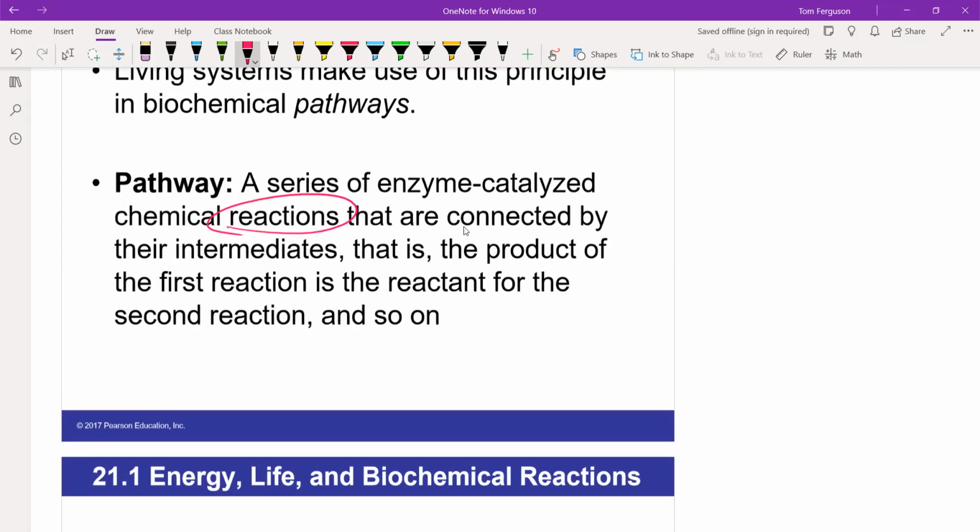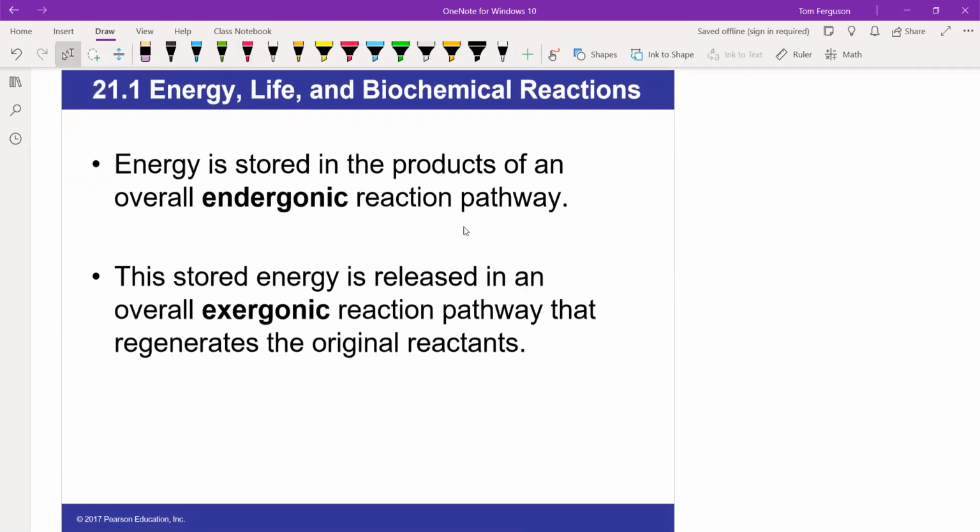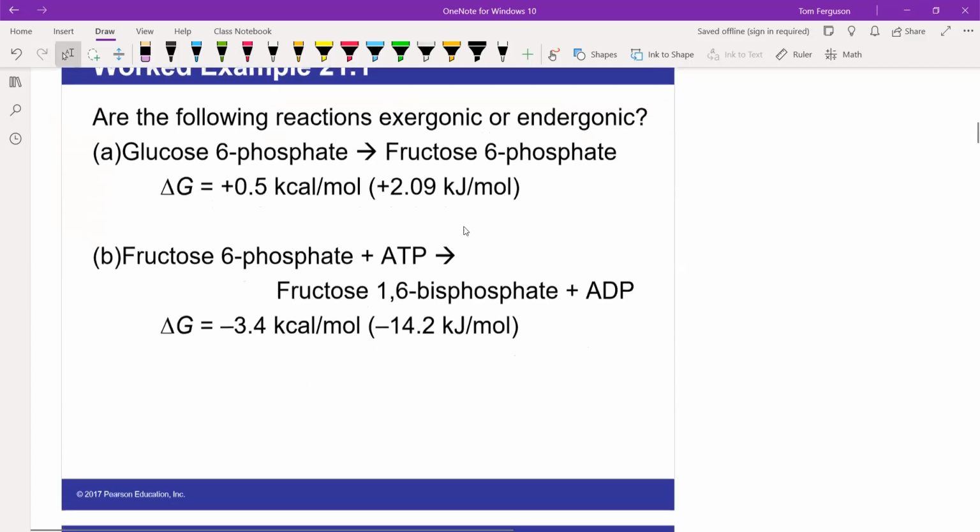I remember in my classroom up in Tacoma, I had this huge chart on the wall with at least 600 or 700 pathway reactions on it. It gets really wild.